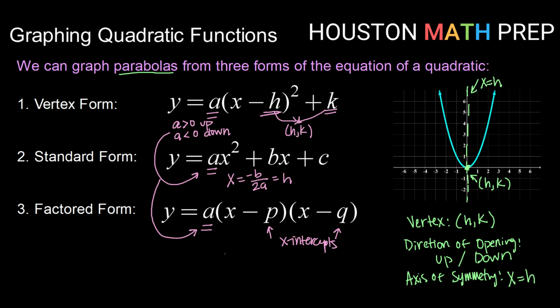And what we're going to find is that the midpoint between p and q, so if we take p plus q and divide that in half, that is going to give us the h value of our vertex. And so the h value there, we can plug that back in to find k.